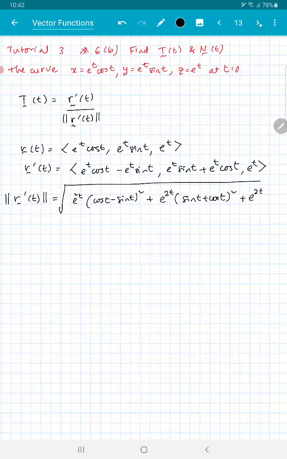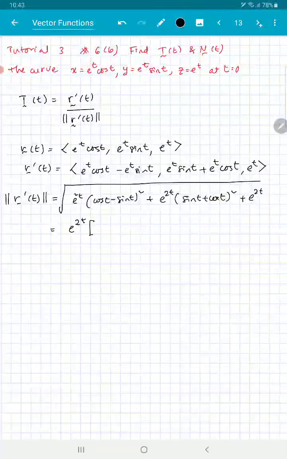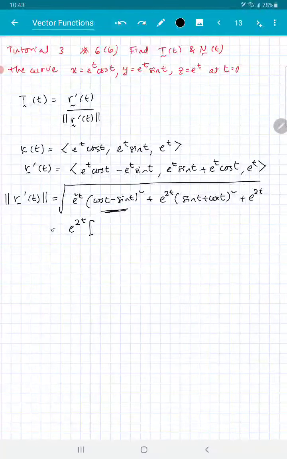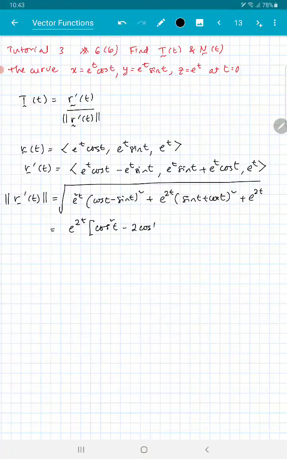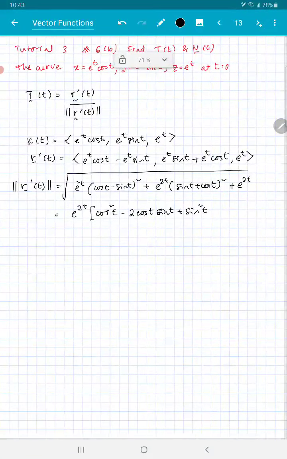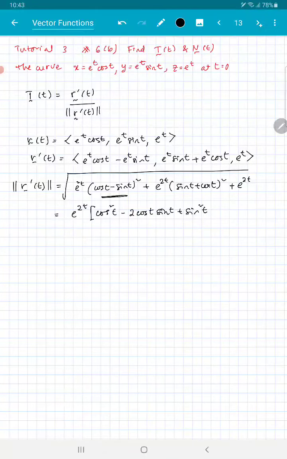Next, I'm going to simplify this. We have e^2t in every term, so let's factor e^2t out. When we expand the first term, we get cos squared t minus 2 cos t sin t plus sin squared t, which is the expansion of (cos t minus sin t) squared.